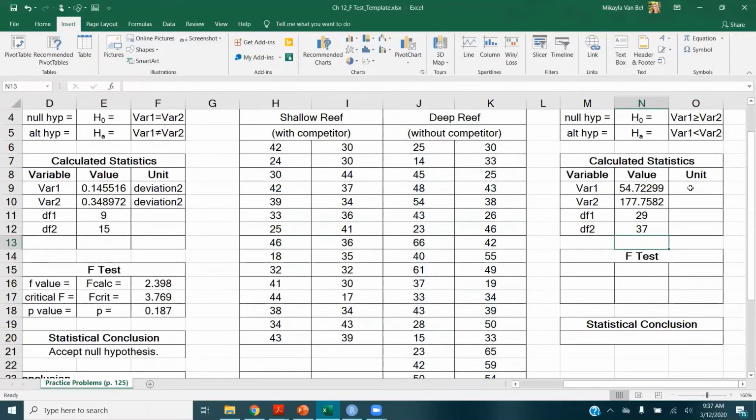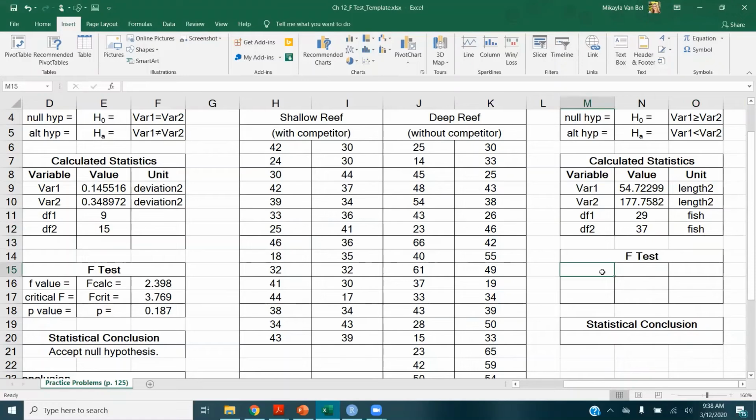And just again, as a reminder, these are lengths, and the unit for variance is length squared. There are no units for degrees of freedom unless you would like to write fish.